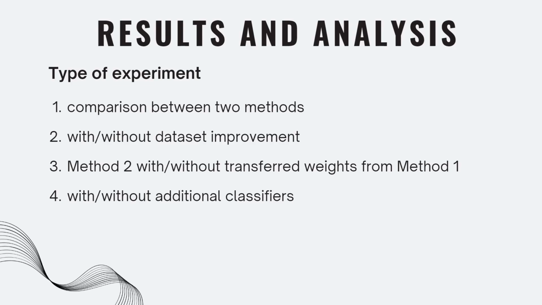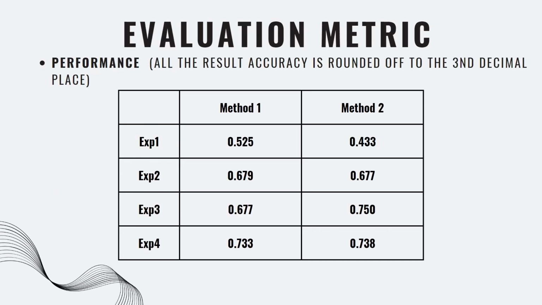In experiment 3, we want to train method 2 with the transfer weights from method 1. In experiment 4, we want to add additional classifiers to help classify the labels. The table shows the overall performance and compares method 1 to method 2, and we will analyze it in detail in the following slides.